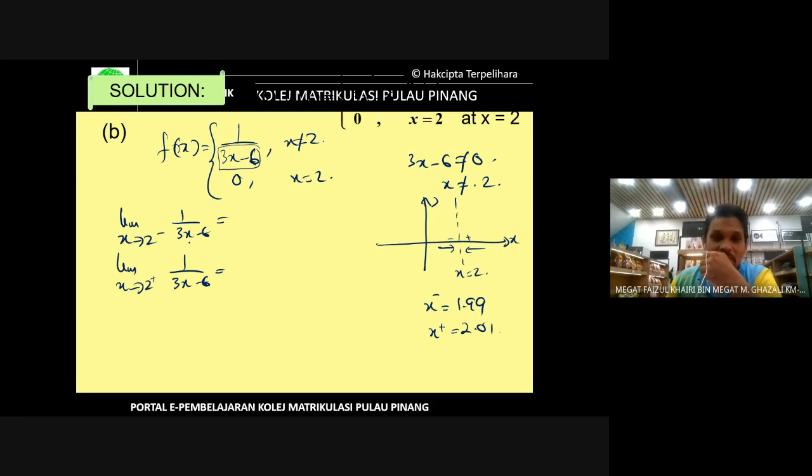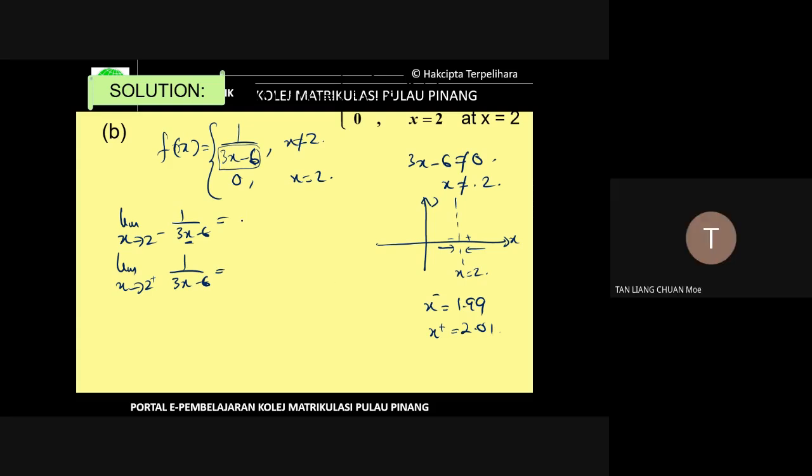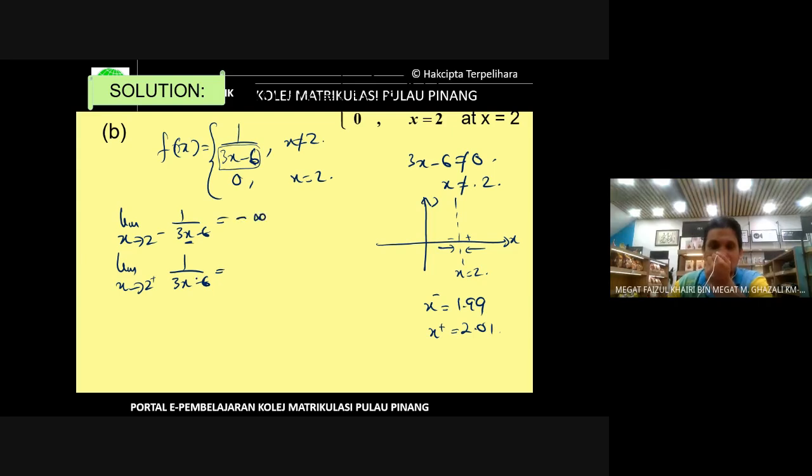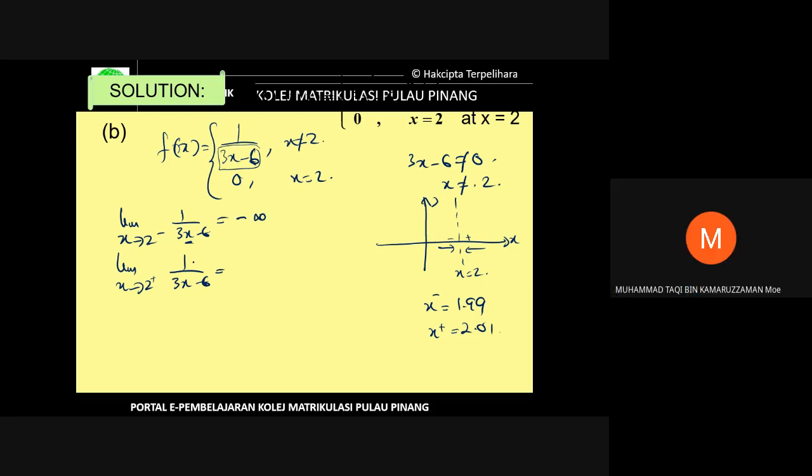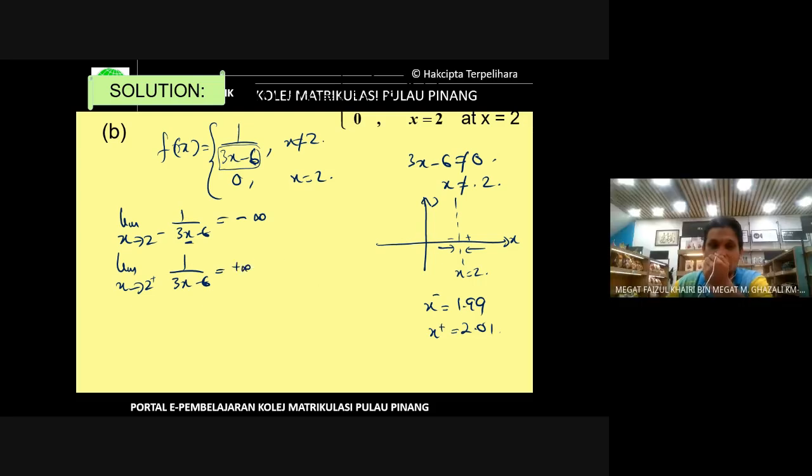Substitute with 1.99 here, and we get negative infinity. And for x approaching 2 from the right, 2.01, positive infinity. Meaning that the graph might be something like this.